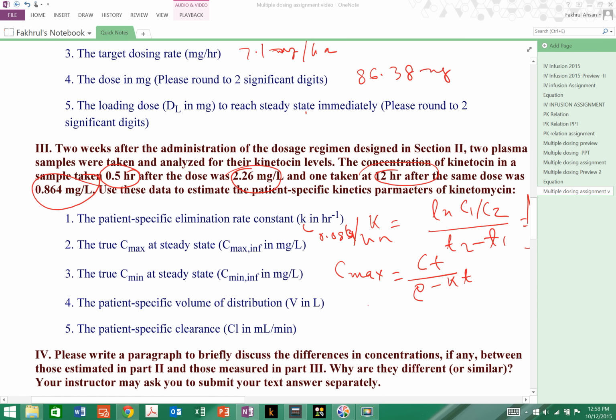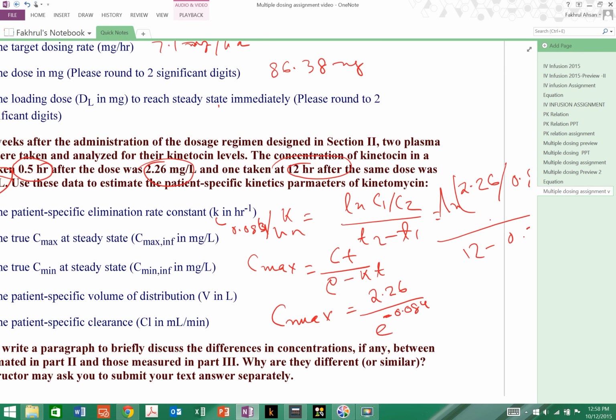For example, if you take Cmax, assume that you are using the Ct concentration of 2.26, and e to the negative k, where k is 0.084, multiplied by t, which was 0.5.